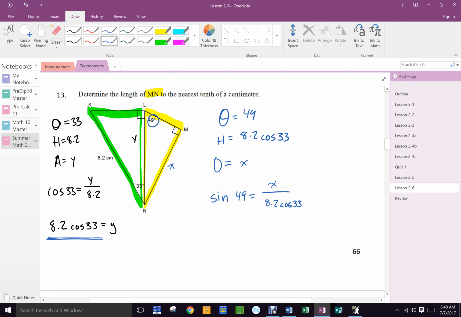Numbers on the bottom, so what is it? Multiply or divide? Multiply. So 8.2 times cos 33 times sine 49 will get you your best possible answer. This is best possible.